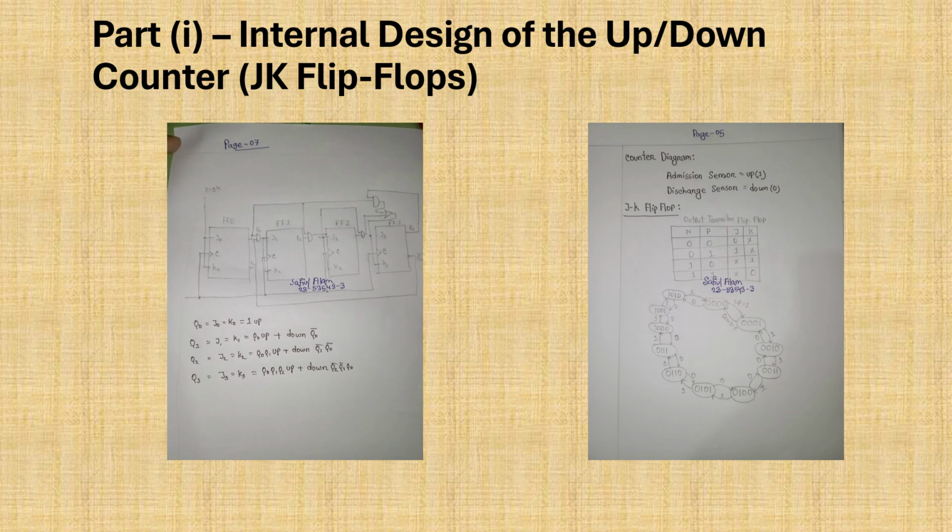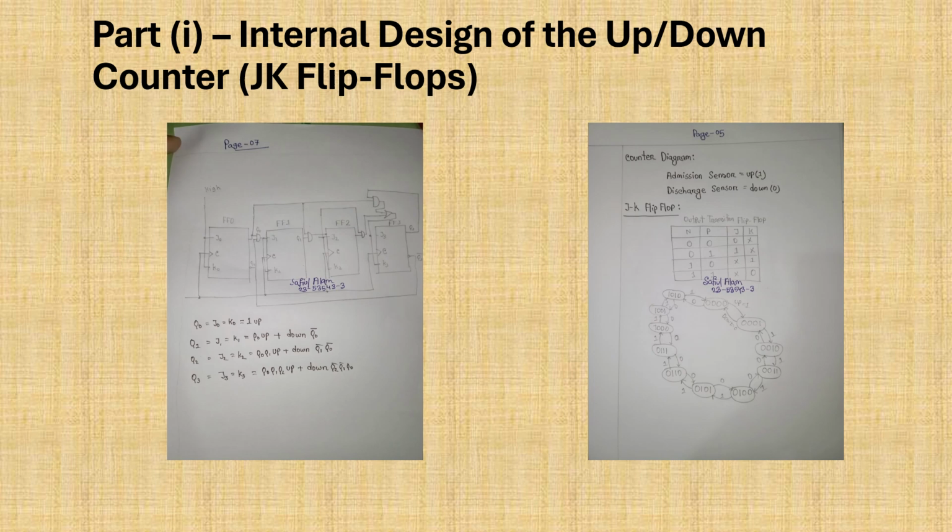On the left side, I show the full diagram of the JK flip-flop and the up and down counter equation. On the right side, I show that the admission sensor is when up equals 1 and the discharge sensor is when down is 0.